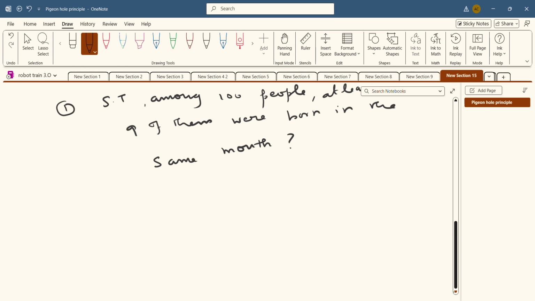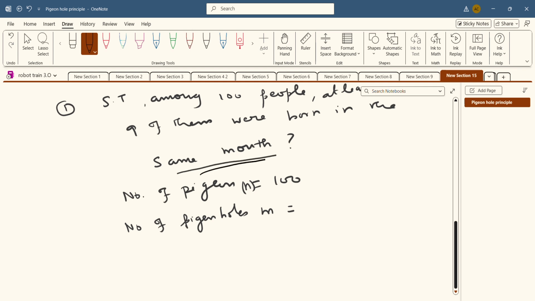The number of pigeons is equal to the number of people, 100, so n is 100. The pigeonholes, m, correspond to the months in which people were born. In a year, how many months are there? 12 months, so the number of pigeonholes is 12.